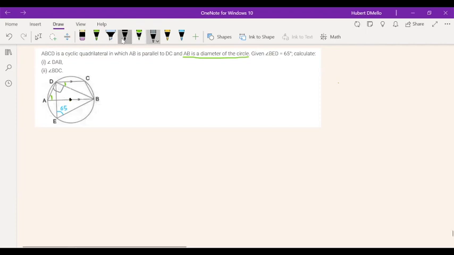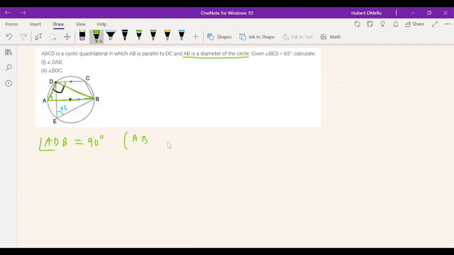We just studied that the angle in a semicircle is 90. This is the triangle in question, so I'm going to isolate that. Andrea, did you follow? Yes, sir. So I'm going to write that angle ADB is equal to 90 degrees.